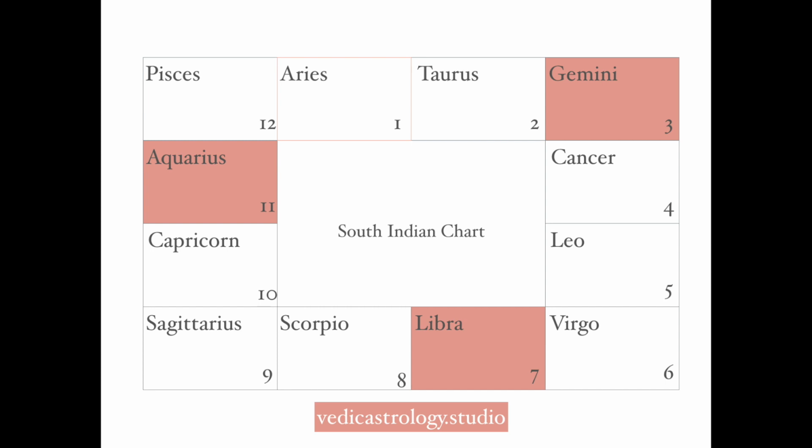So the houses and the signs, 3 Gemini, 7 Libra, and 11 Aquarius are related to other people. Gemini is related to younger siblings, and they're related to neighbors and people that you talk to on a day-to-day basis, acquaintances. 7th house is related to partnerships, business partnerships, romantic partnerships.